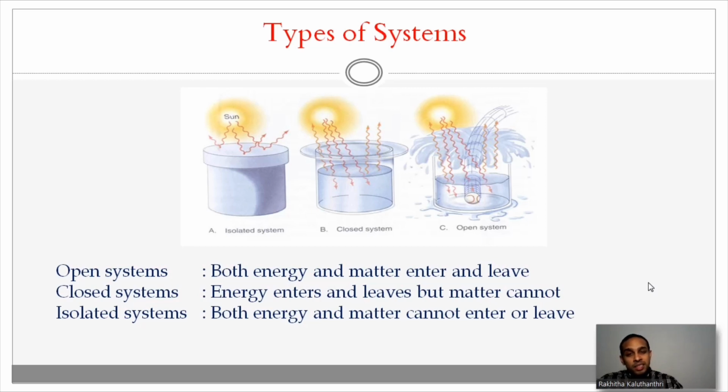So after analyzing these three systems, you have to understand that equilibrium can only be attained in closed systems. That is mainly because of this particular reason. Imagine you do a reaction where the reaction produces a gas, and the gas is the product.